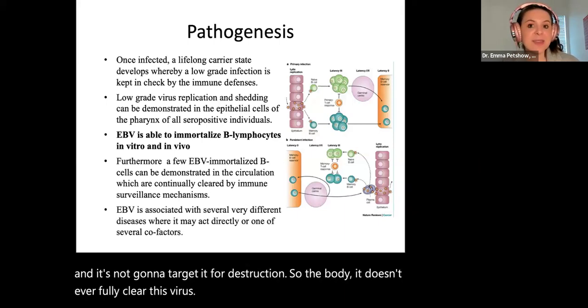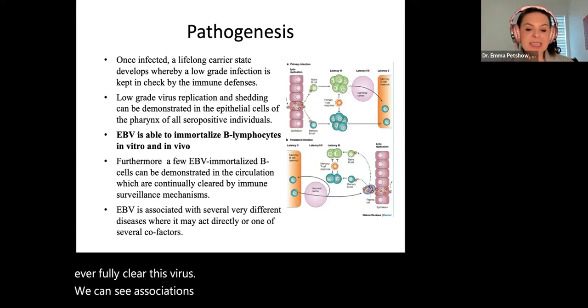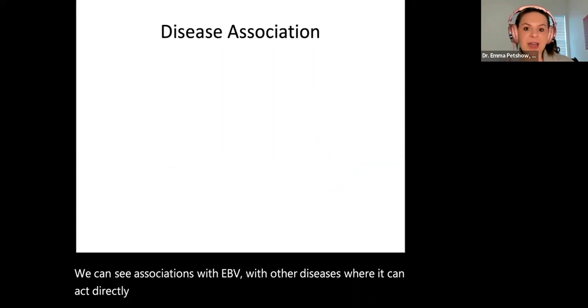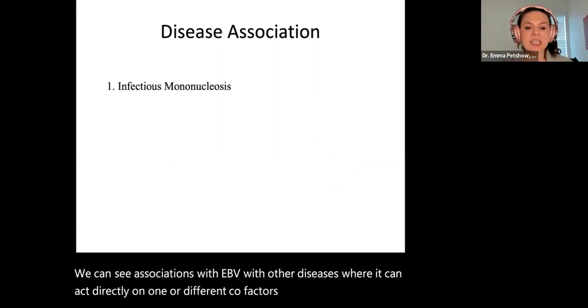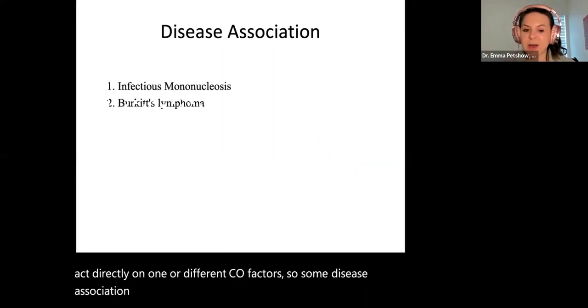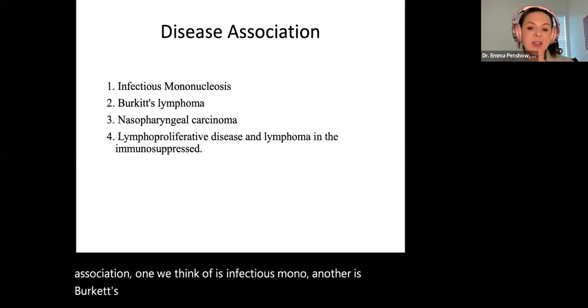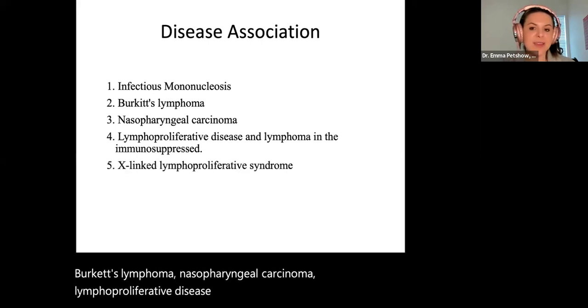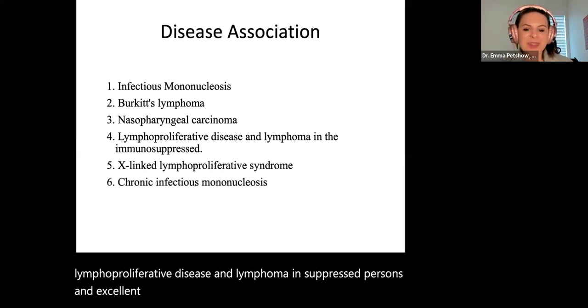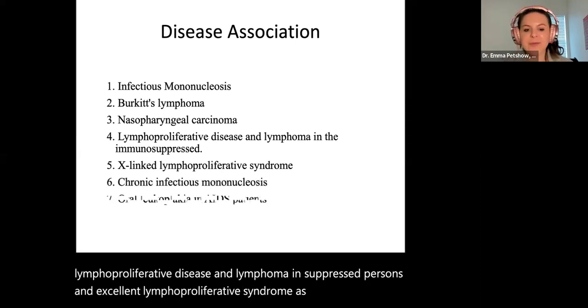We can see associations with EBV with other diseases where it can act directly on one or different cofactors. So some disease associations: one we think of as infectious mono, another is Burkitt's lymphoma, nasopharyngeal carcinoma, lymphoproliferative disease and lymphoma in suppressed persons, and X-linked lymphoproliferative syndrome, as well as chronic mono.